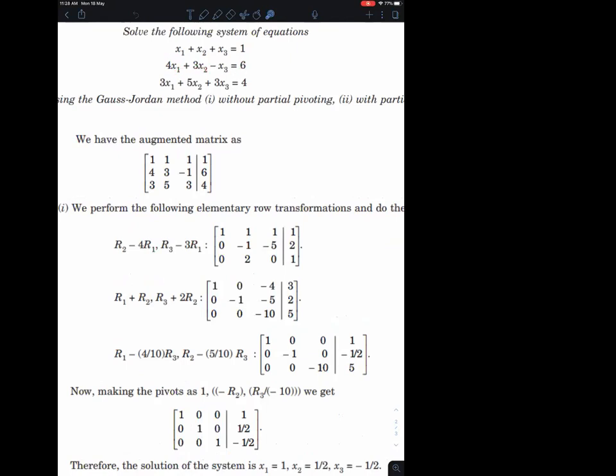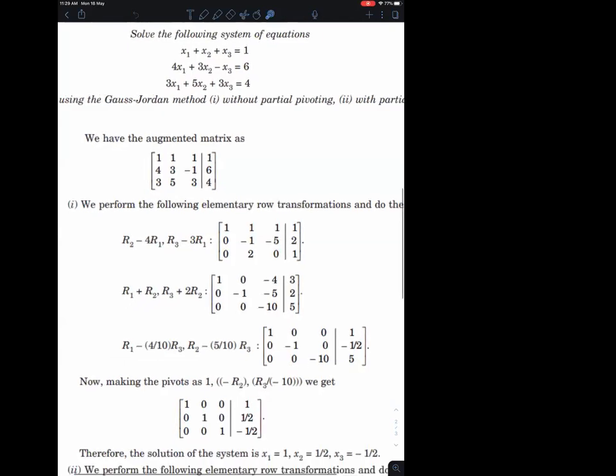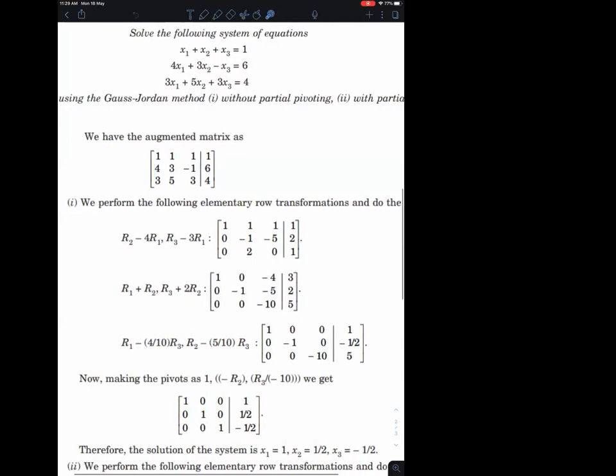So row 1, row 2, and row 3. For row number 2, take the coefficients and put here 4, 3, -1, 6. And 6 is not a coefficient, it is the number after the equal sign. Then you have coefficients 3, 5, 3, 3, 5, 3. Is that difficult to do? This is called the augmented matrix.